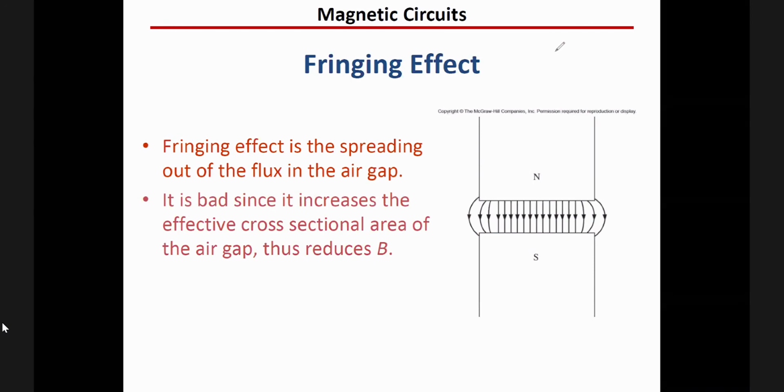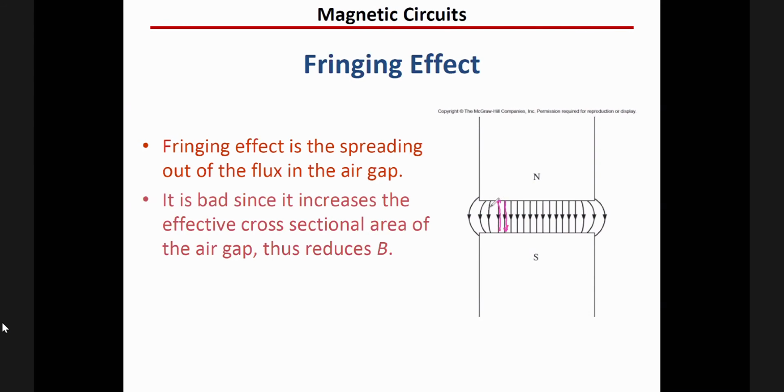There is a very important concept here in magnetic circuits, which is called the fringing effect. Fringing effect is basically the impact of the air gap on the magnetic flux leaving the north to the south side. We would expect the magnetic flux lines to go directly from the north to the south, which is correct.